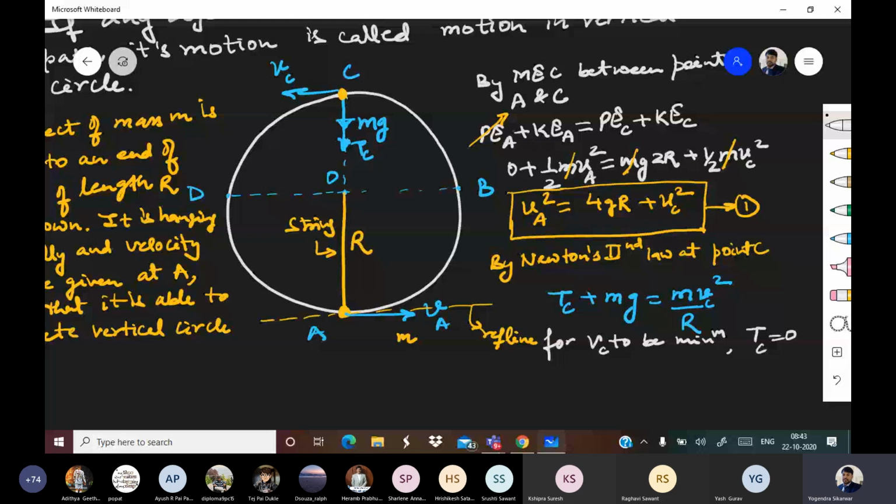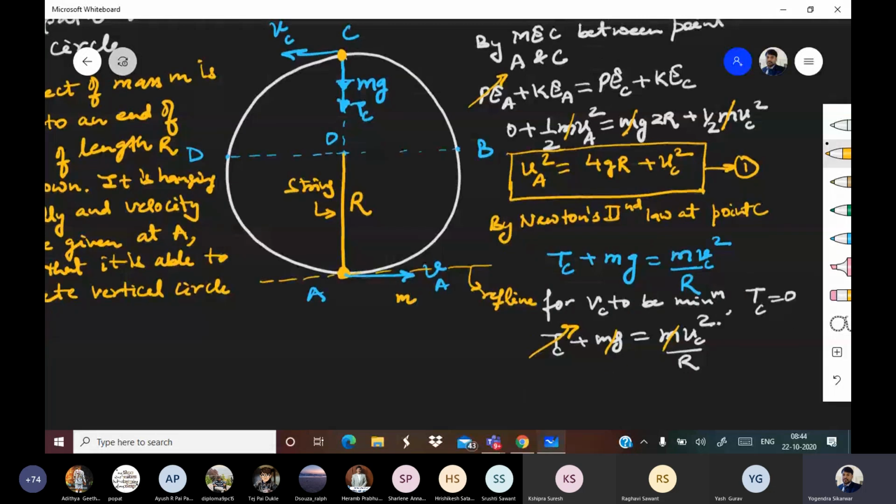So that will give us Tc plus mg is equal to mVc square by r. I am putting Tc equal to 0. The moment you put Tc equal to 0, it is gone, and we get Vc is equal to root of gr.